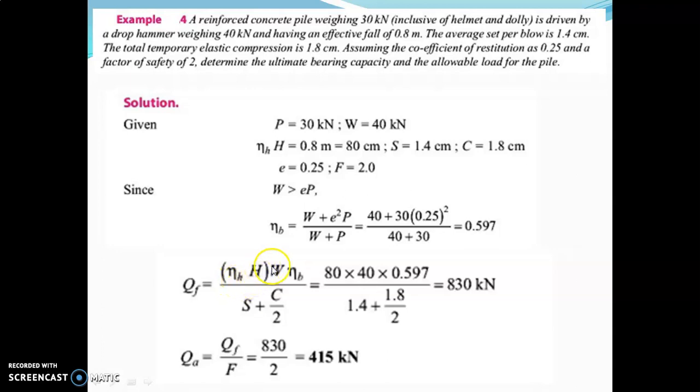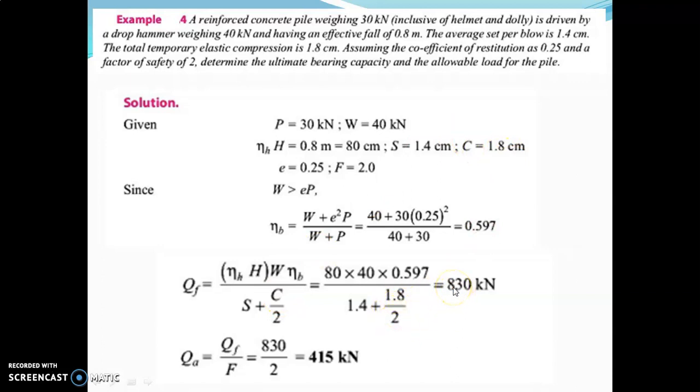eta h into W into eta b divided by s plus c by 2. Okay, substitute the values here: eta h into h, that is 80 centimeter, into this full term. Eta h is 80, into W is 40, into eta b, that is the calculated value 0.597, divided by s is 1.4 plus c is 1.8 divided by 2.